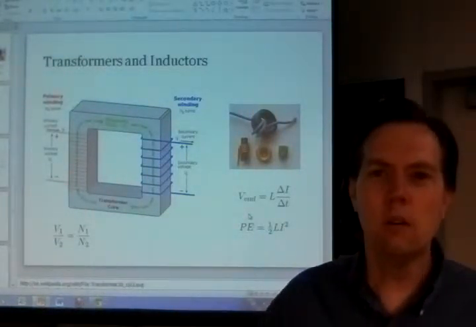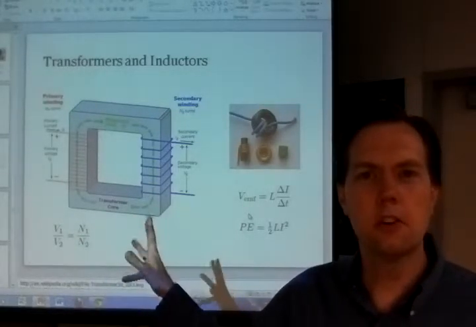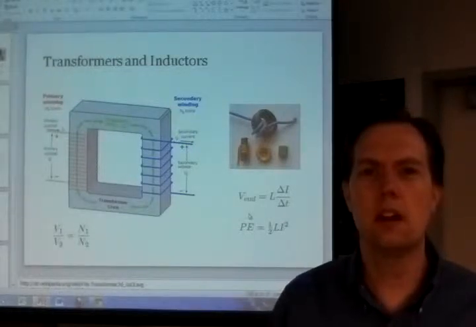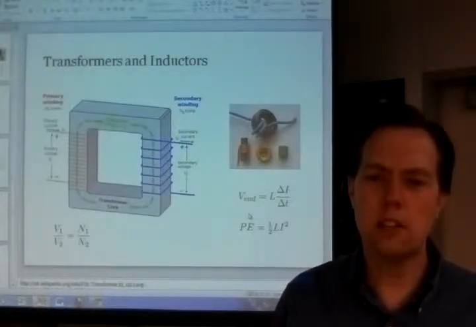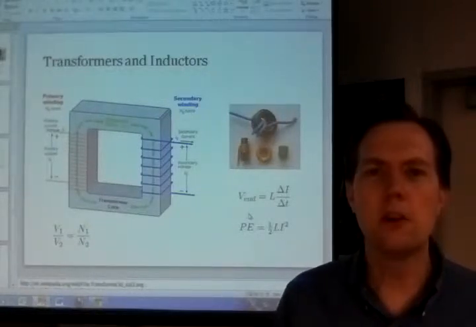So here I want to talk about transformers and inductors. These are electrical components, and this is also based on Faraday's law. Faraday's law essentially gives us a way to extract energy from a magnetic field.